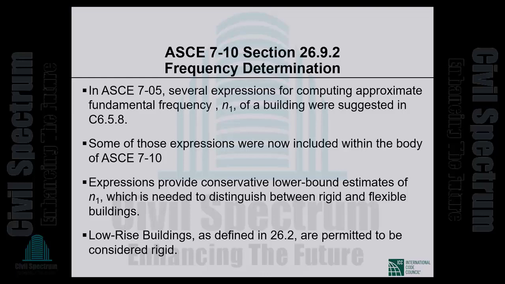So I have given you quite a bit of material here, which, looking at the watch, I will skip. From this point on, where I say ASCE 7 section 26.9.2, I am giving you material out of ASCE 7, which will enable you to calculate the fundamental natural frequency or the fundamental period. I hope the material is self-explanatory.